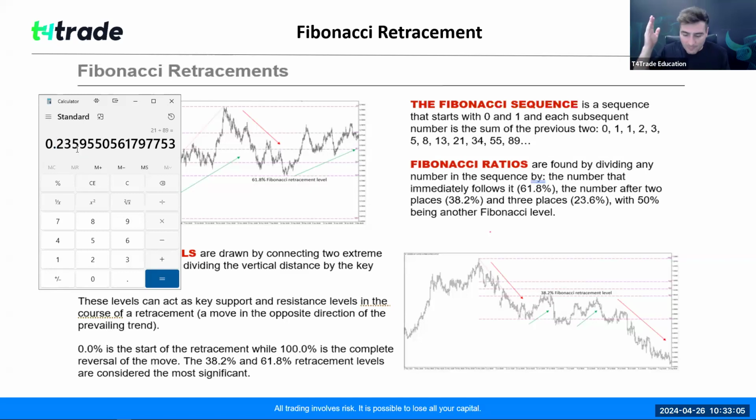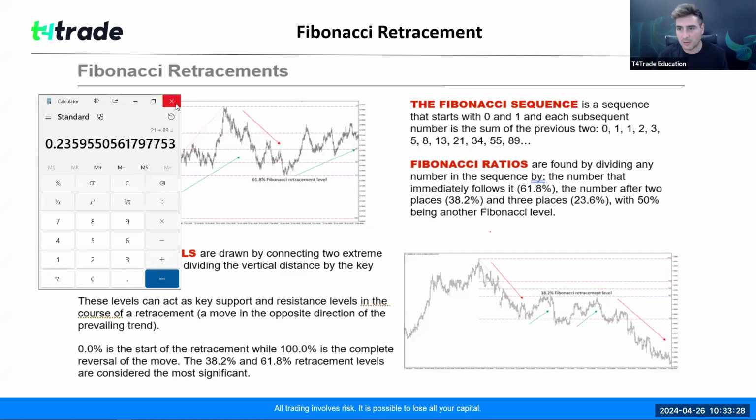So the number that you choose, divided by the one that follows it, gives you 61.8. The number that you choose, divided by the number two places down the line, gives you 38.2. Choose a specific number and go three numbers down the line and divide that, you get 23.6. This is how the ratios are calculated.